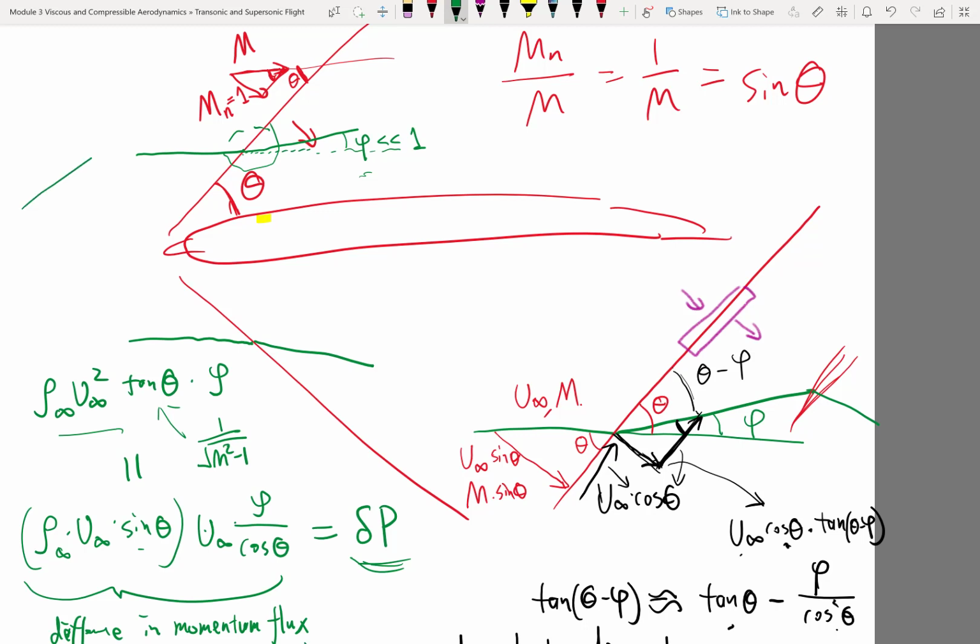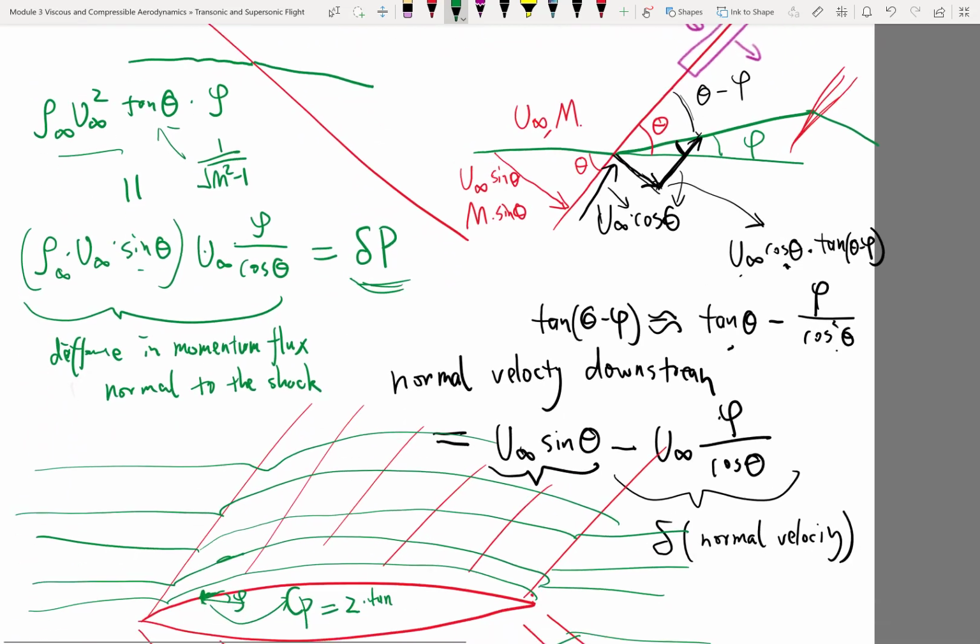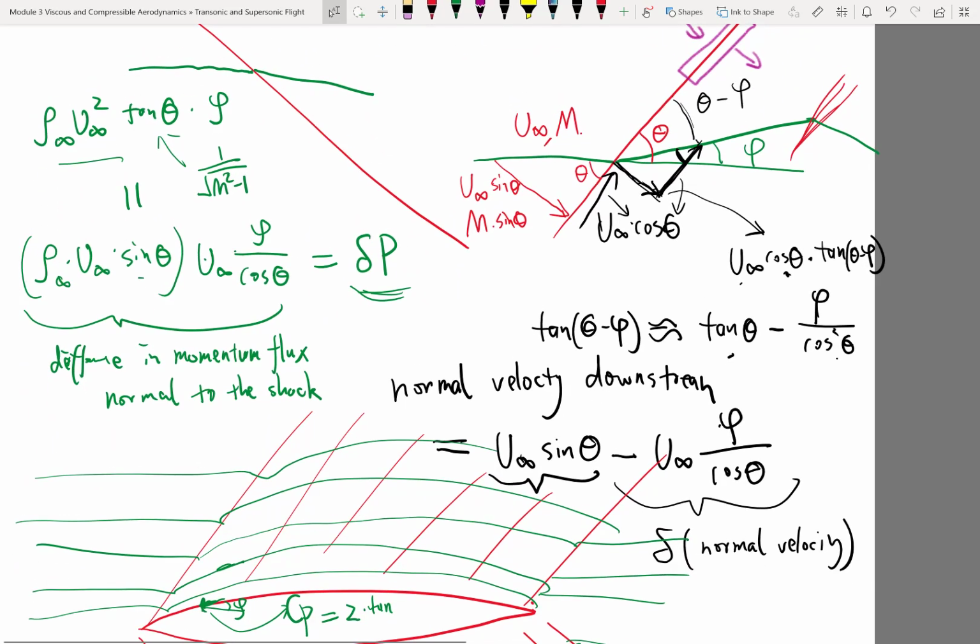If you have a triangle whose sides are M, 1, and this side has to be square root of M squared minus 1, then tangent is going to be 1 divided by square root of M squared minus 1. All right, so Cp is equal to 2 divided by square root of M squared minus 1 times phi.